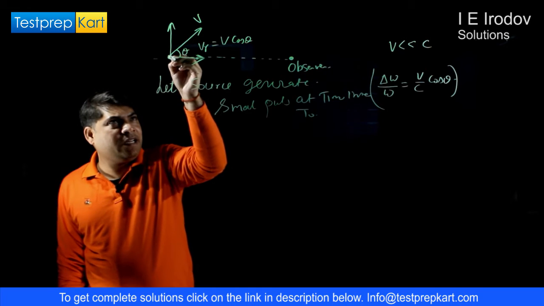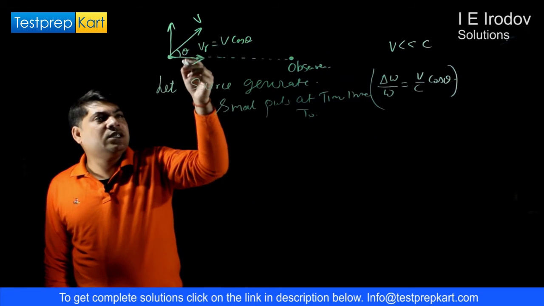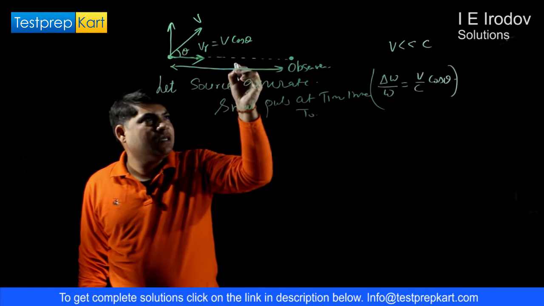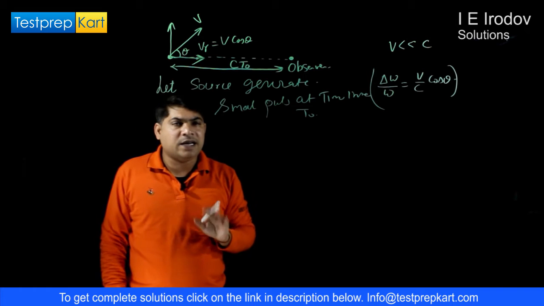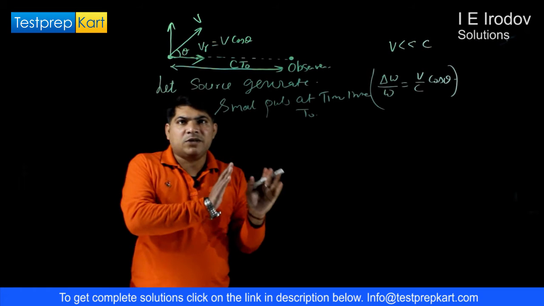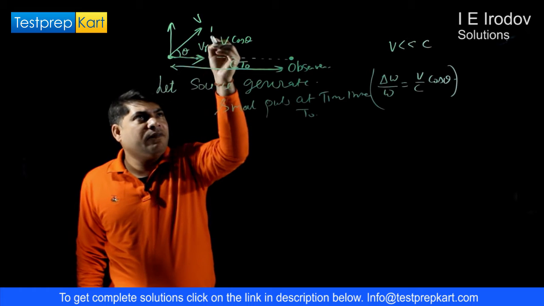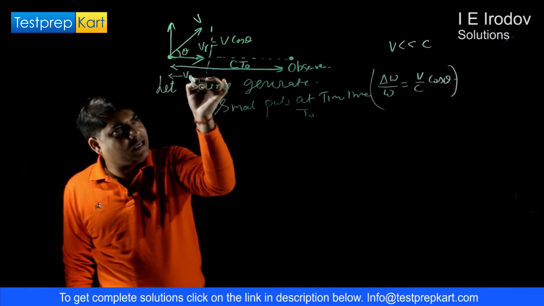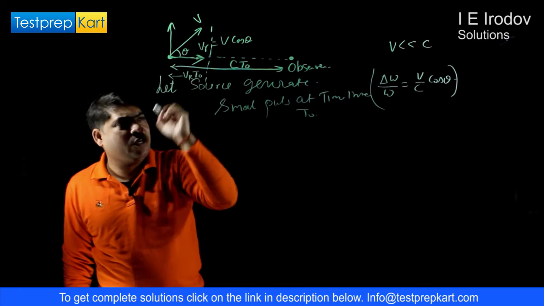If it generates a pulse at time interval t0, then before generation of the second pulse, this pulse would cover a distance c t0 with the speed of light. In the same time duration, this source will change its position, and the relative position of the source along the line of the observer is Vr t0.